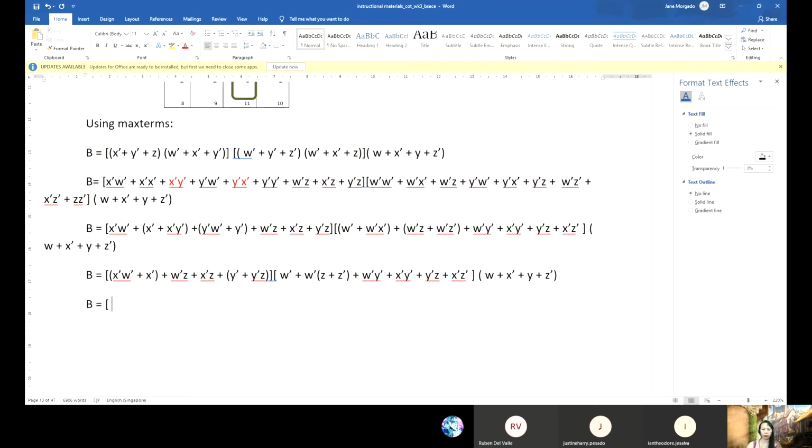Question. X prime. So x prime, w prime plus x prime is x prime. Plus this one. Copy. And then we have y prime plus y prime z is y prime. Then we have w prime, z plus z prime is 1. So another w prime.